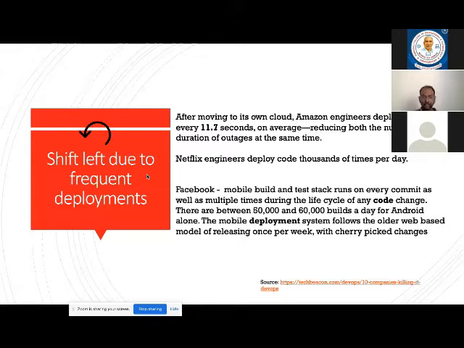It's not just one deployment every hour, but thousands. Facebook has 50,000 to 60,000 builds a day for just Android alone. Think of the other platforms like iOS, desktop, different versions of Facebook, and they have to meet certain guidelines in different countries, and they are deploying at phenomenal rates.